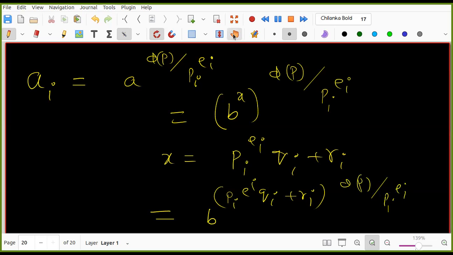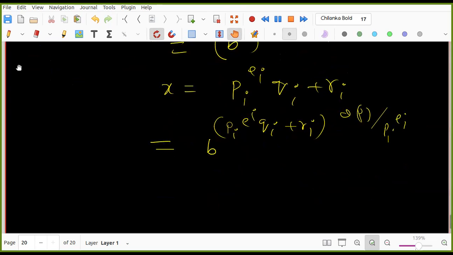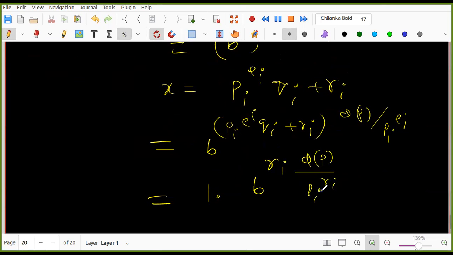Here the pi power ei gets cancelled, so that part becomes 1, and we get B power ri raised to phi of P by pi power ei.